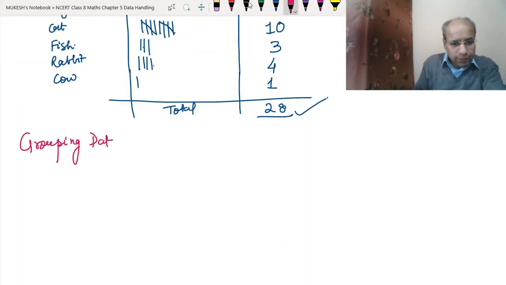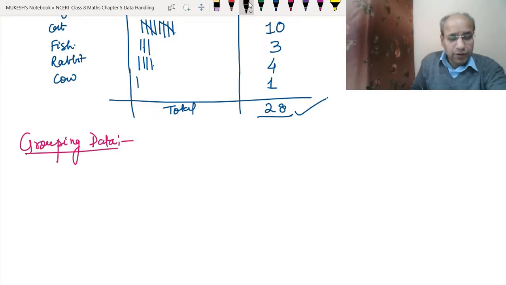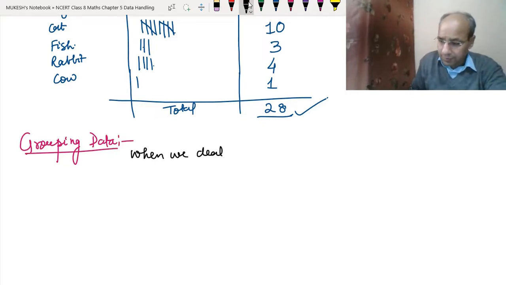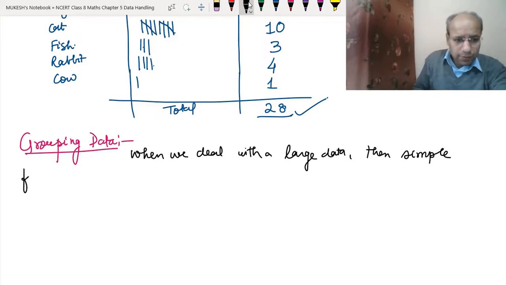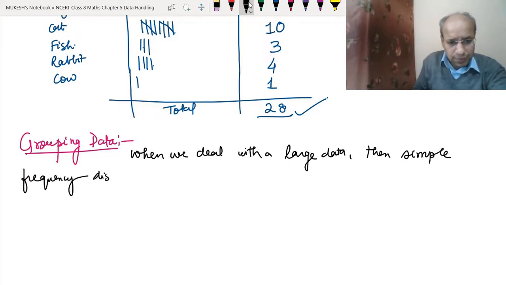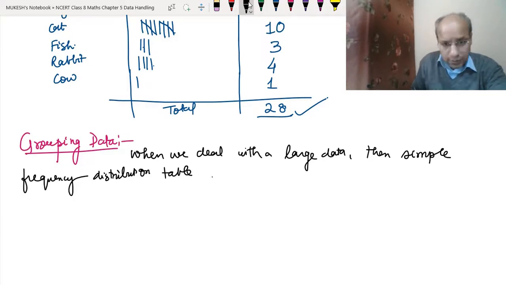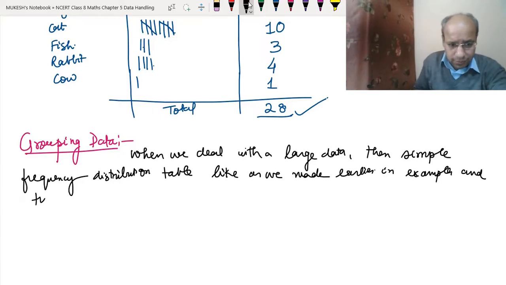Grouping data. Okay. Now, why do we need to group the data? When we deal with a large data, then a simple frequency distribution table, like we made earlier in examples, is not easy.